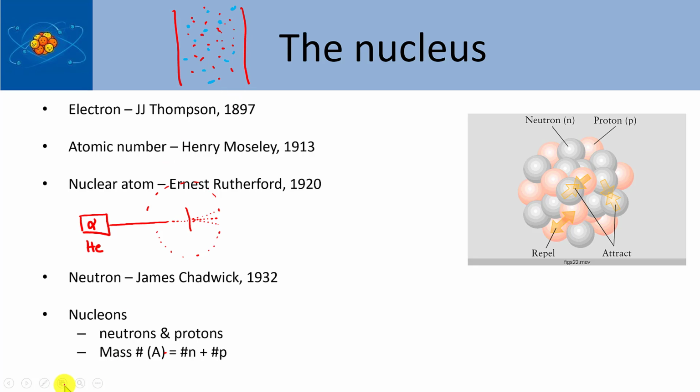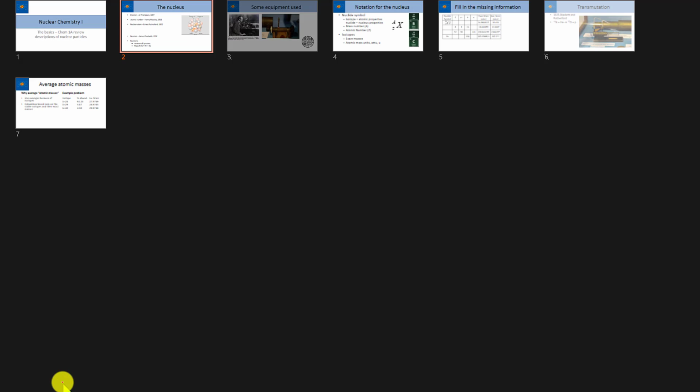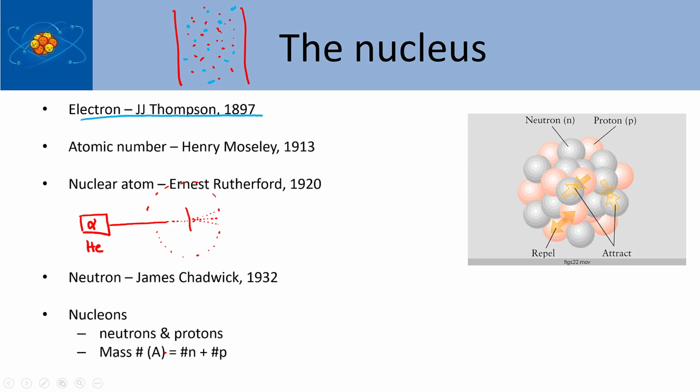This is called the plum pudding model, because they also knew from Thomson's work that the electron had to be very, very small. In fact, Thomson's work was the first indication that there was a subatomic particle.